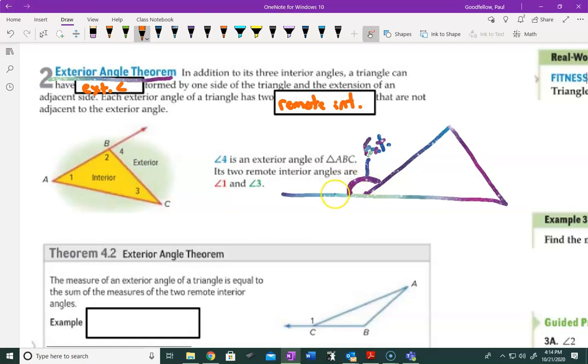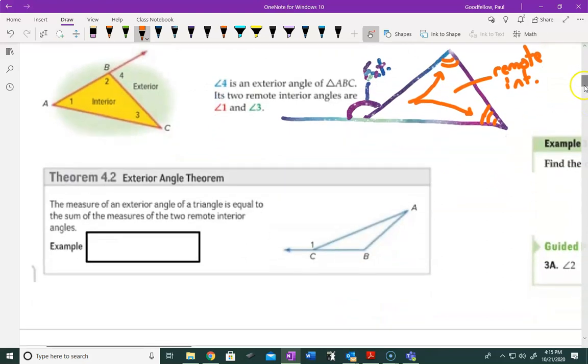If this one is the exterior angle, there happen to be 2 angles that are away from it that don't touch that particular exterior angle in any way, shape, or form. These are referred to as the remote interiors. Okay? These are called the remote interiors. And they're just meaning that they're remotely away from the exterior angle. Now, it turns out something funky actually happens here. It's a pretty cool little deal.